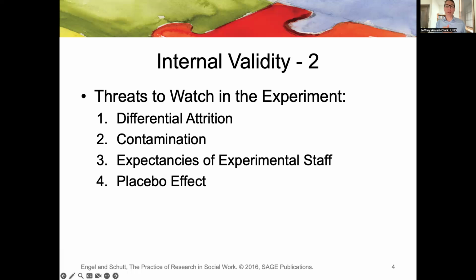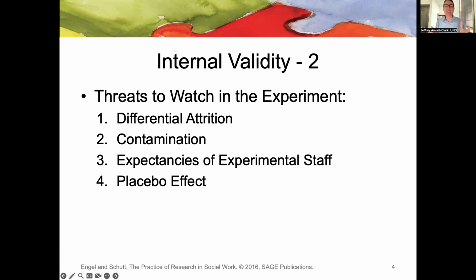There can also be different expectancies. This is where the staff know who's in a particular group, and so they have some expectations, and the people who are part of the study may have some sort of outcome that's actually not a result of the treatment itself, but simply a result of the expectations.